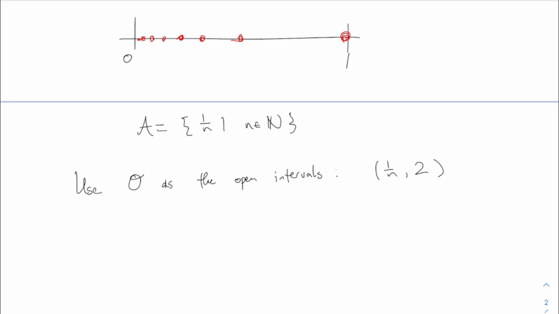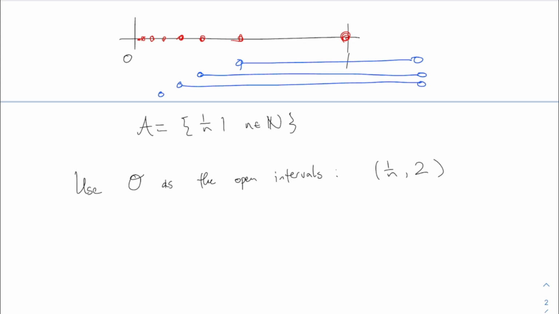What that would look like is 1/2 to 2 is like that, and then 1/3 to 2 is like that. These are my sets from the covering O, right? This is 1/2 to 2, this is 1/3 to 2, etc. And I believe it is true that each of these red dots eventually is going to be in one of these blue sets. All right?